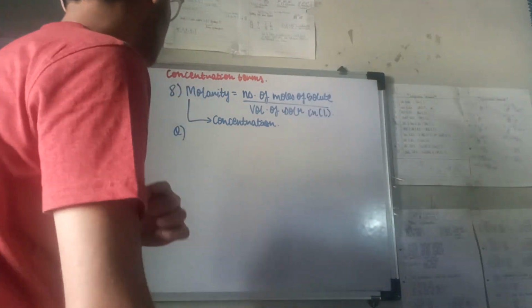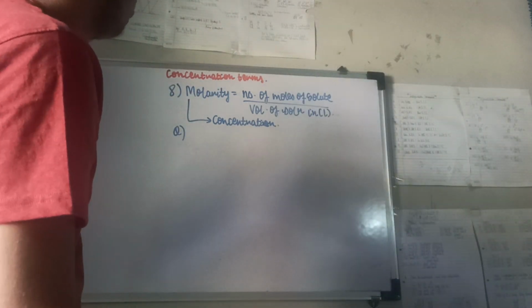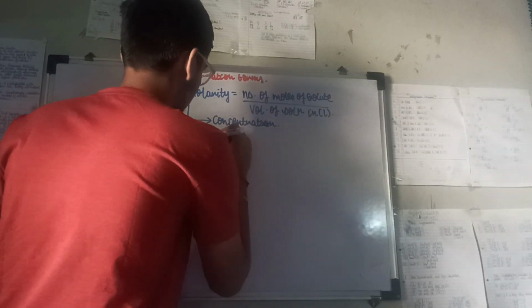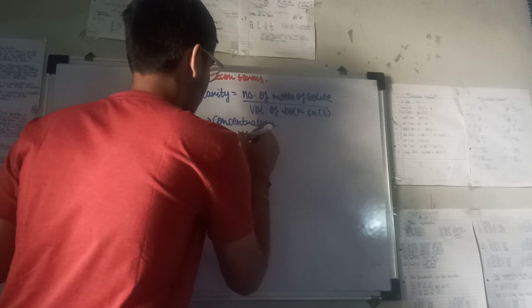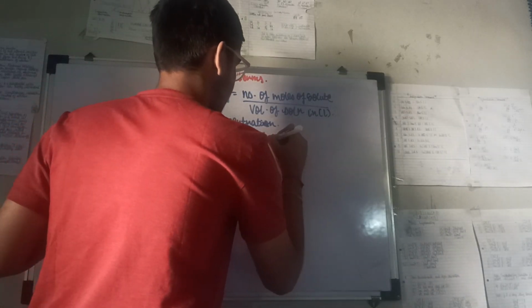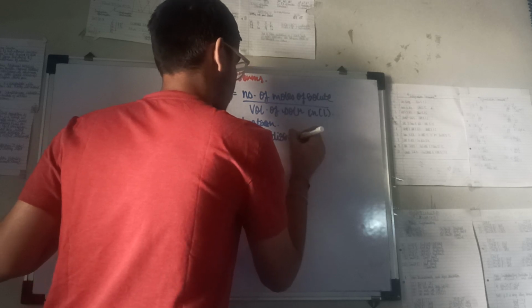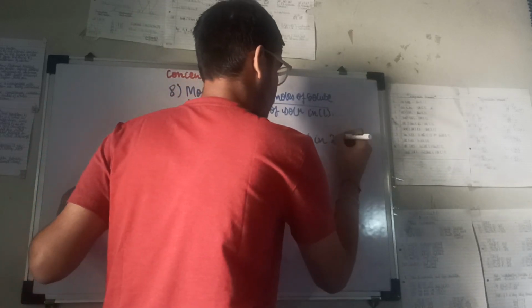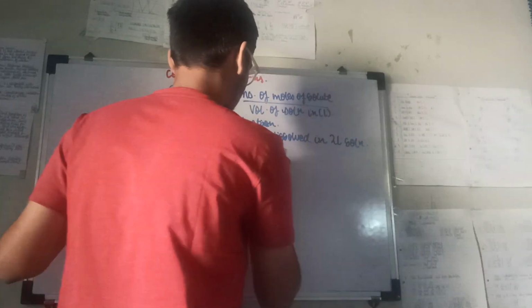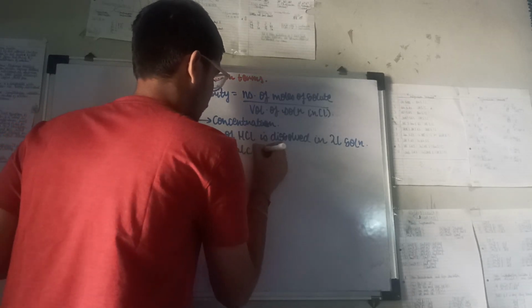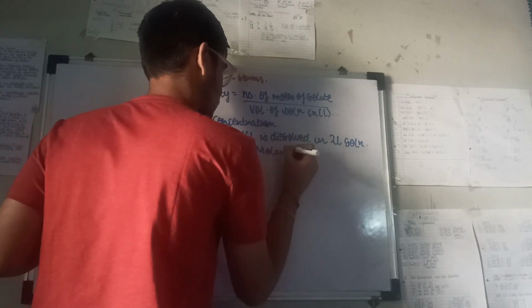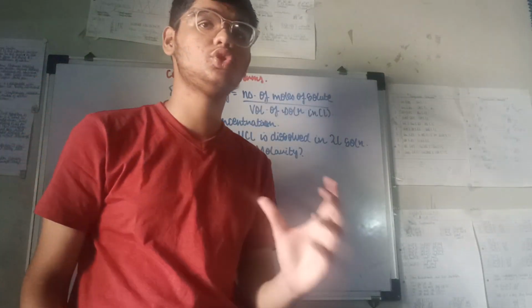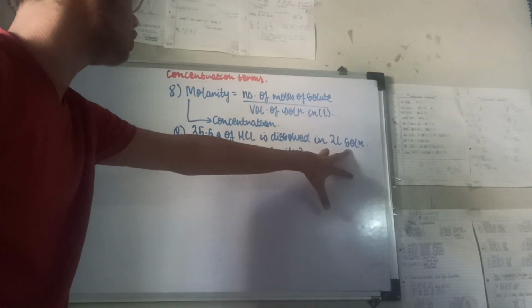I am giving you a question: 35.5 gram of HCl is dissolved in 2 liters of solution.